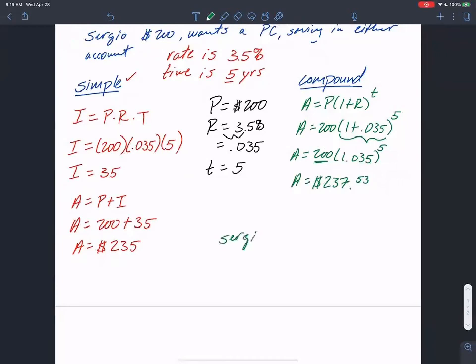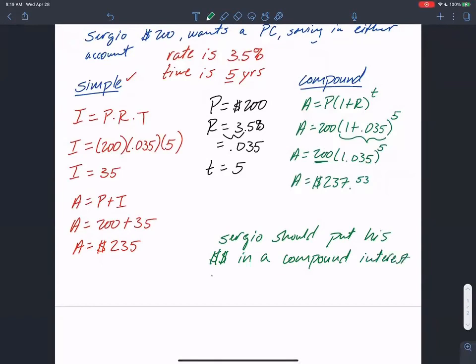Sergio should put his money in a compound interest account.